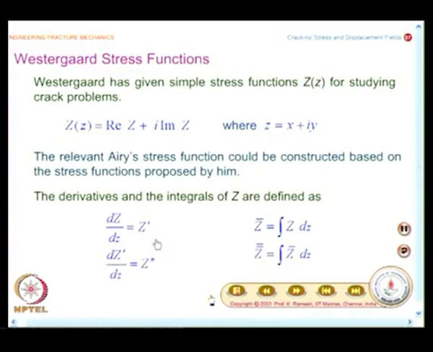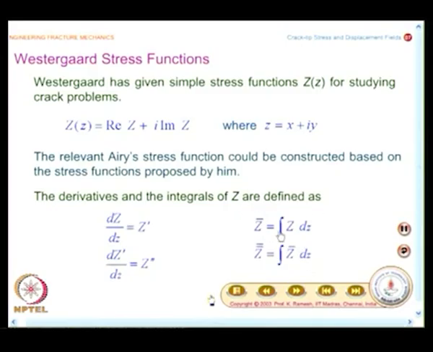Similar notation, when you have a prime, you say that this is a first derivative. When you have 2 primes, you have this as a second derivative. So, you have d of capital Z prime divided by dz equal to Z double prime. These are for differentials. You also have a notational scheme for representing the integrals.